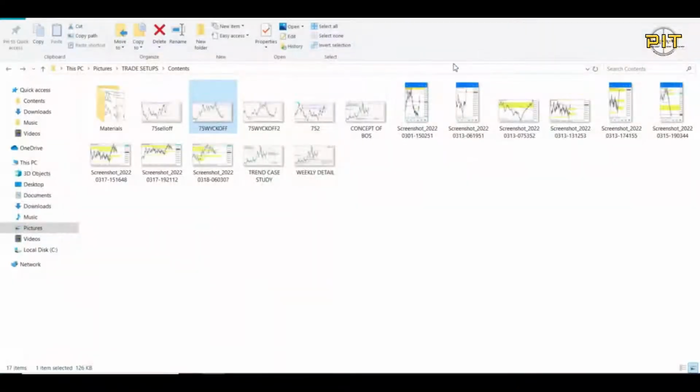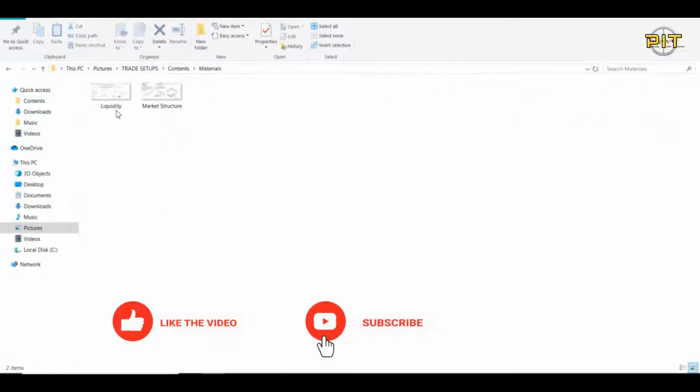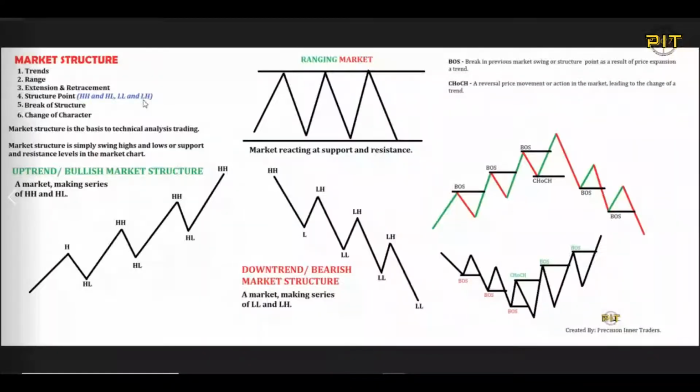So now I would want us to understand what market structure entails, knowing that market structure is actually the very basis for every technical analysis trading. Market structure is made up of swing points. In an uptrend, meaning a bullish market, you're having a market making a series of higher highs and higher lows, breaking the swing points.